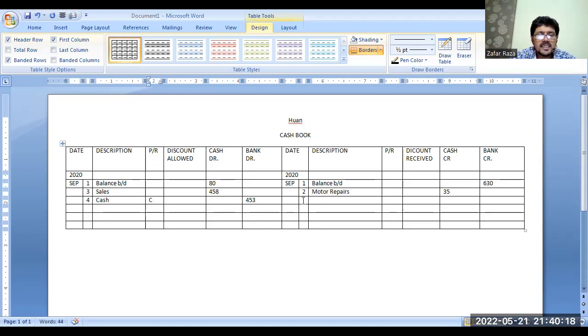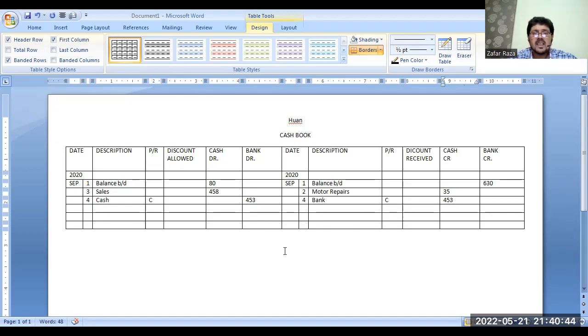Again on this side, same, we will write bank, again put a C, and credit from cash 453. This is how we have to make a contra entry. When depositing cash into bank, or taking cash from bank into cash, we have to make a contra entry. Getting my point here? Okay.